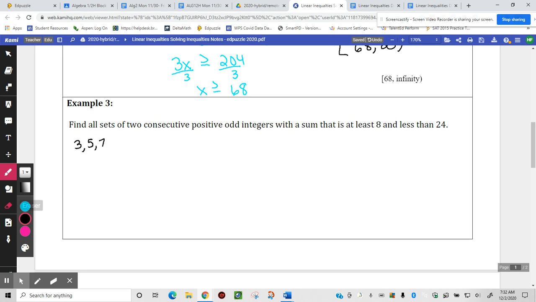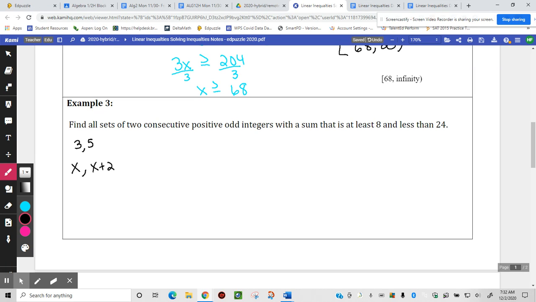I just want 2 consecutive odd integers, so I'm just going to write 3 and 5. So if I want to express this with x, this would be x, and then my next number would be x plus 2. Those are my 2 consecutive positive odd integers, with a sum that's at least 8 and less than 24.